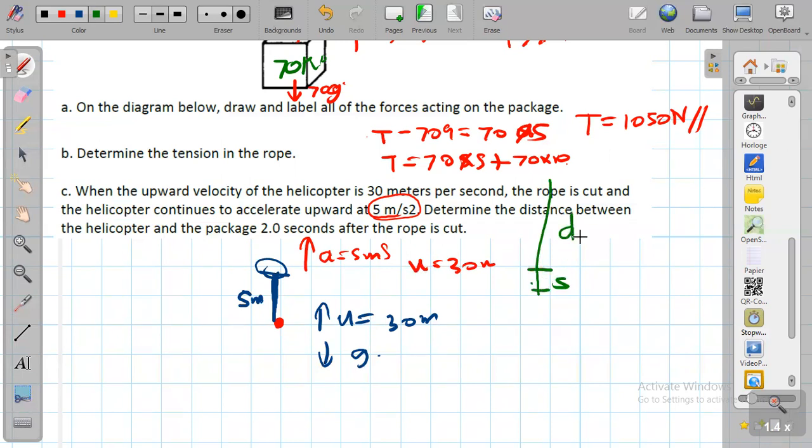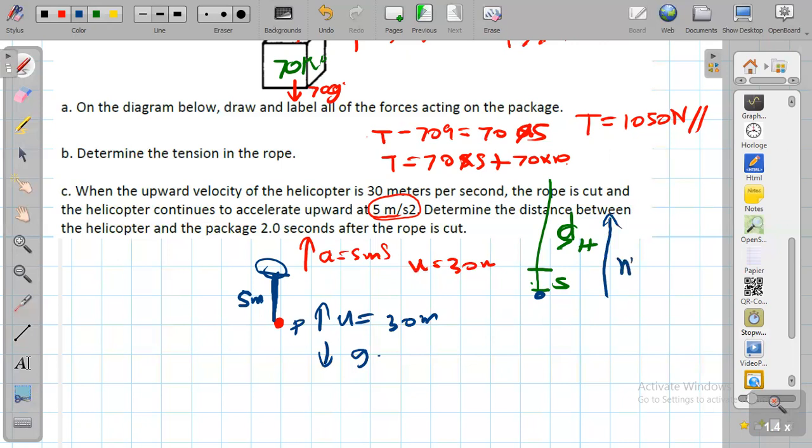So I can mark it like this: the helicopter moves up a distance of s helicopter, and the package moves a similar height.